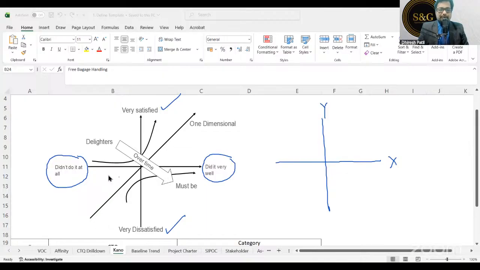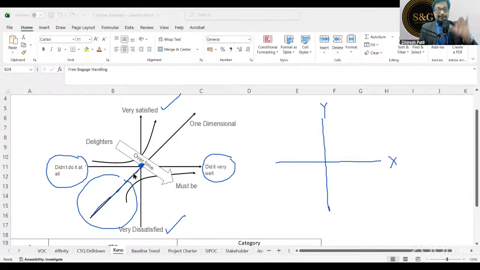If I start from this quadrant, when the feature is not there, that means a 2-month pen is not available. The company is not providing this. But internally the company is improving, slowly going in that direction. Now they have reached the level of customer satisfaction.